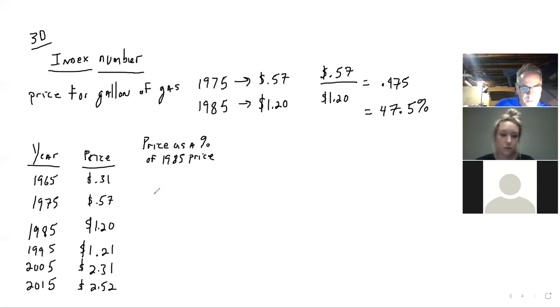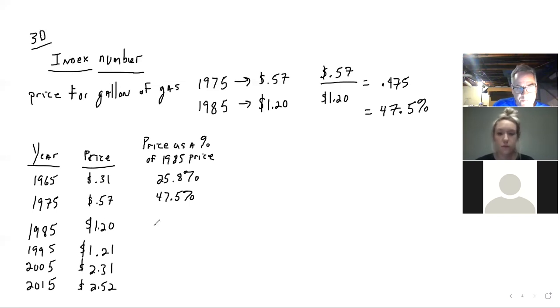We figured out the 75 price per gallon was 47.5%. So if I wanted to figure up the values for all the others, in this case, it would be 0.31 divided by $1.20, and so on and so forth. So if you go 0.31 divided by 1.20, turn it to a percentage, you're going to get 25.8%.